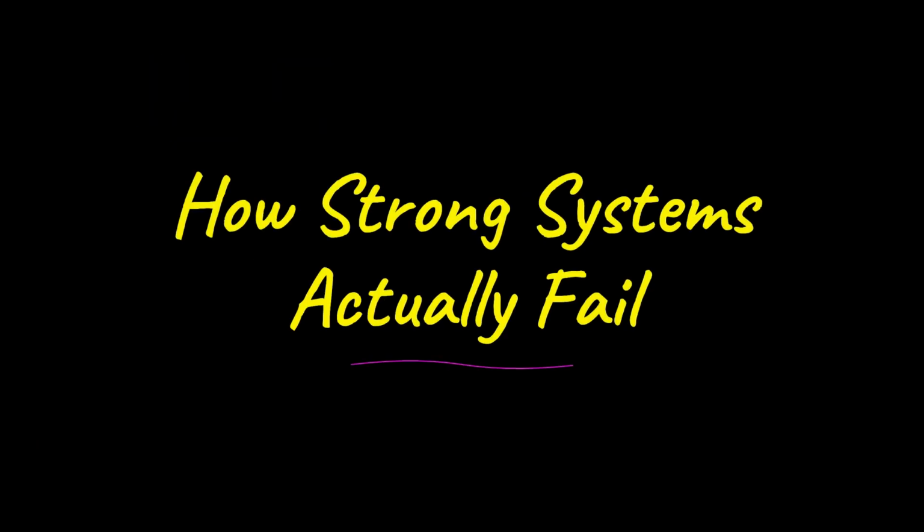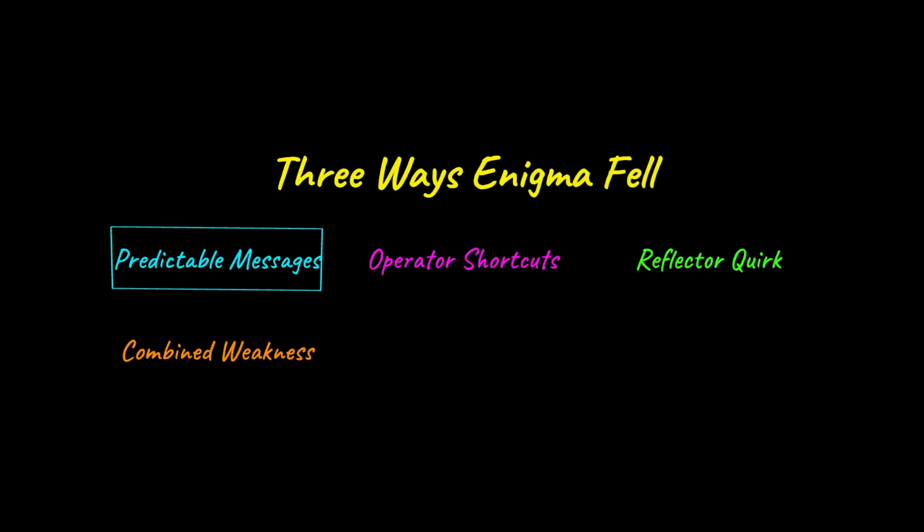Enigma had an enormous configuration space and, by the standards of its time, was an extraordinarily strong machine. Yet it was broken. The lesson is not about a clever algorithm, but about how strong systems actually fail: almost never through a frontal attack on sound math, but through mistakes in implementation and operation. Three categories of mistake made Enigma vulnerable.